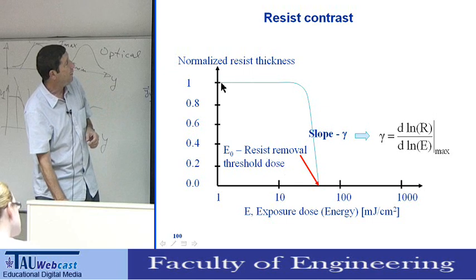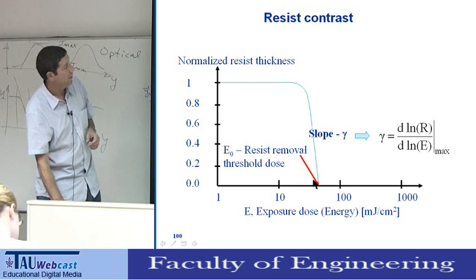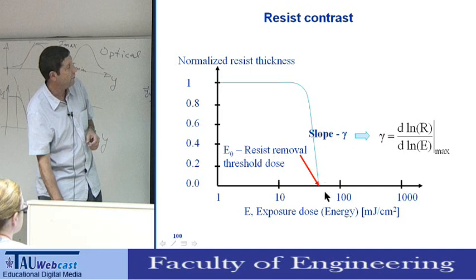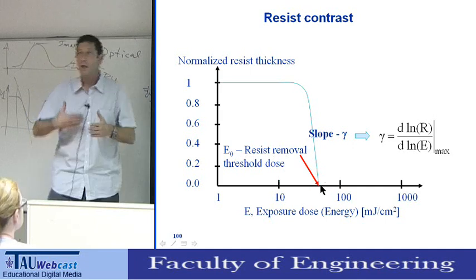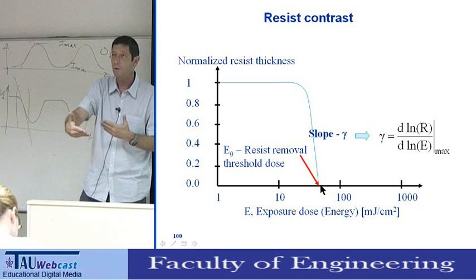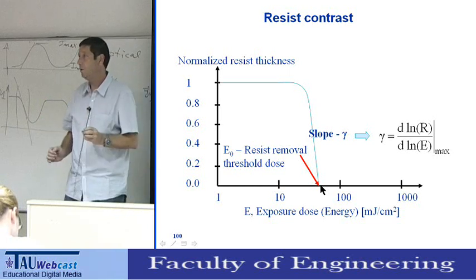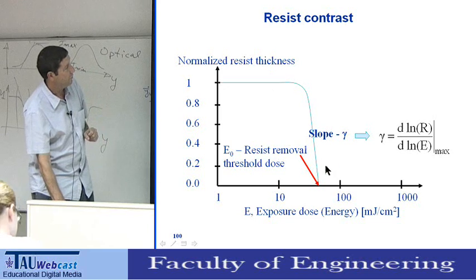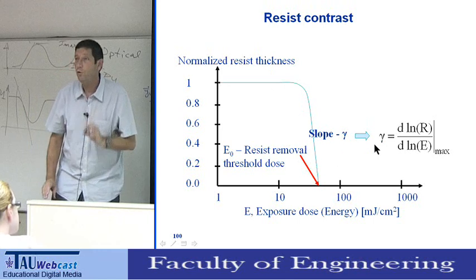And the typical function: nothing, nothing, nothing, nothing, nothing. Then we destroy most of the resist, and at a certain threshold, we call this resist removal threshold, we eliminate so much of the photoactive compound that the resist becomes soluble. So we remove the resist. The slope of this curve, we call it the contrast, and this is the photoresist contrast.